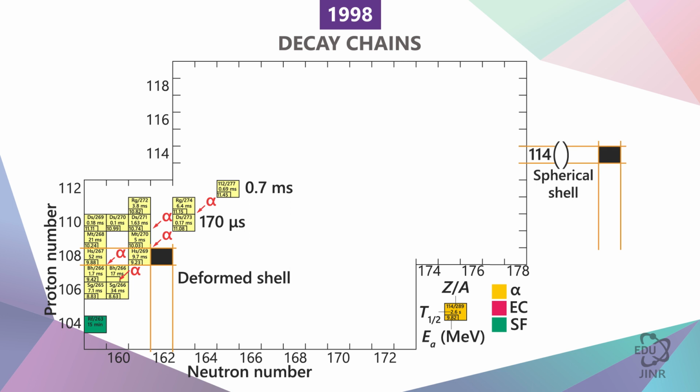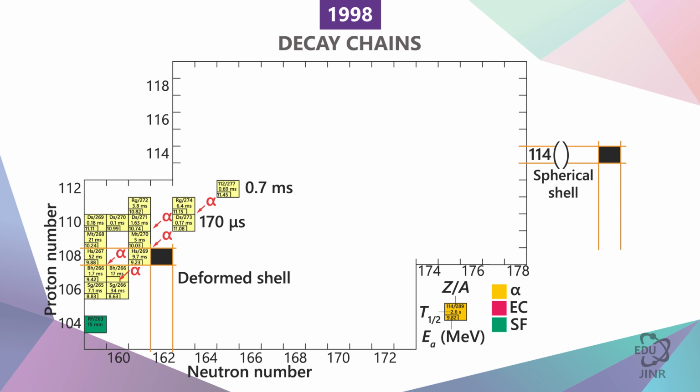When we talk about a distant island of stability, where there is a spherical shell and where the number of protons should be 114, and the number of neutrons should be 184, this shell does not affect these nuclei in any way. If we continue in the same direction, we would simply plunge into the sea of instability, all the while reducing the half-life until we reach the limit of sensitivity.